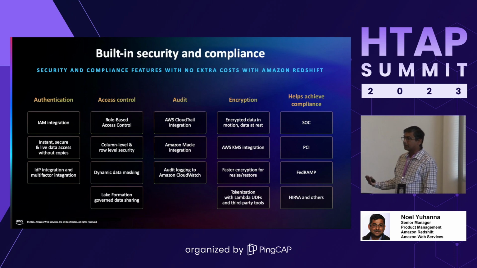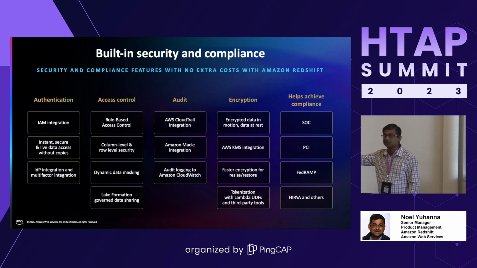Again, not only do features matter, but probably all the features to secure the data also matter a lot. And you get all the built-in security features, from single sign-on integration to row-level security and dynamic data masking, everything in Redshift without paying any cost. There are no different options in Redshift.